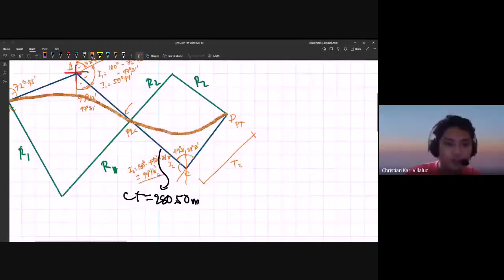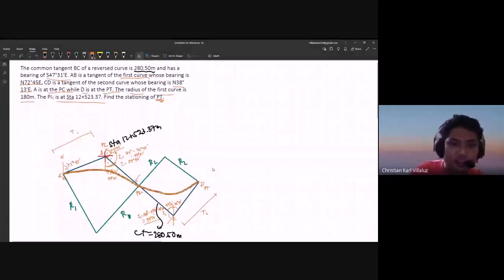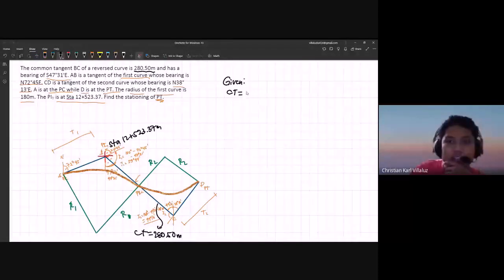Okay, so let's rewrite that here. Rewrite na natin dito yung mga nakuha nating values so that kaya natin siyang isolve. So base sa given, we have the common tangent of 280.5. Ano pang given dito?